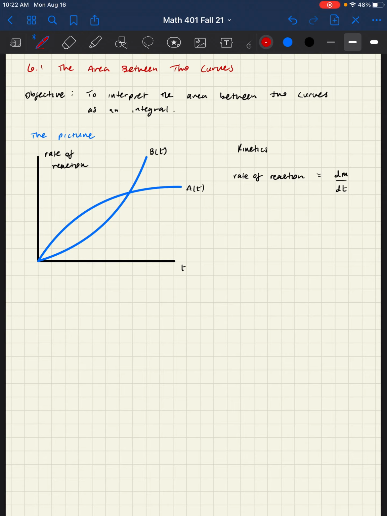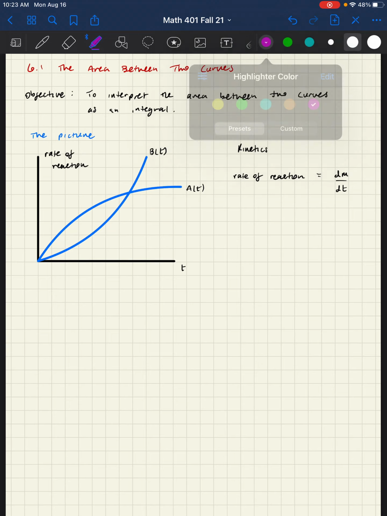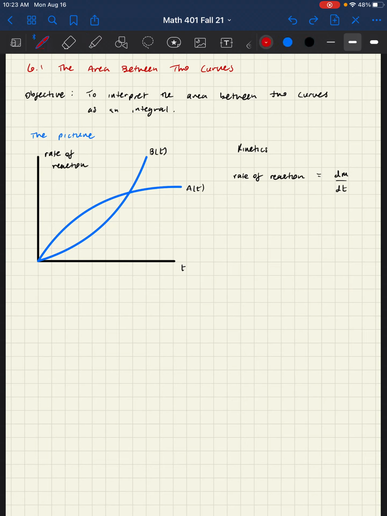So in our case, what we're looking at, let me use, let's see, purple for this one? Sure, why not? So this area here, well, that's not very pretty. Let's do something else.